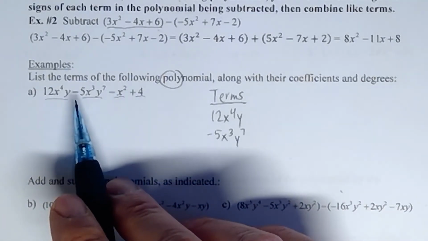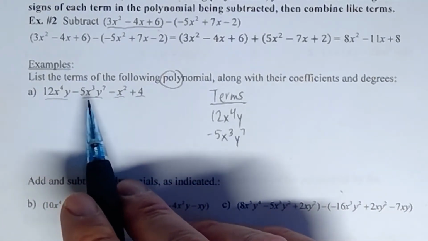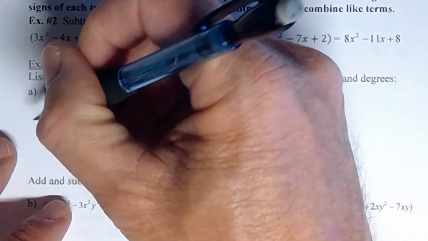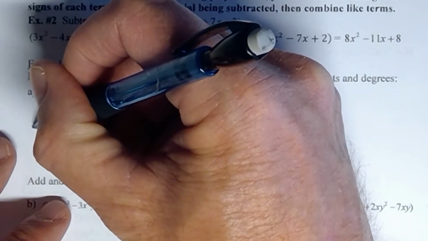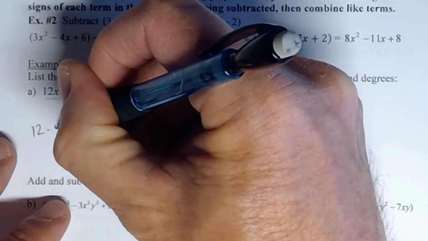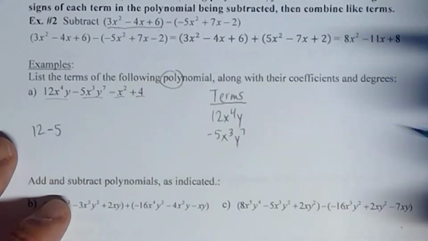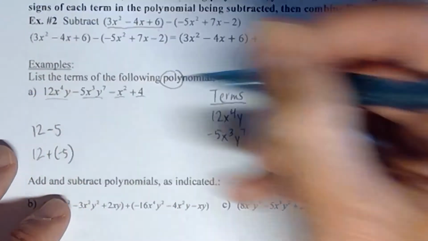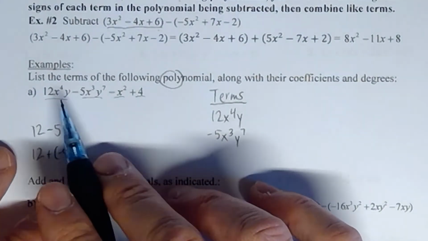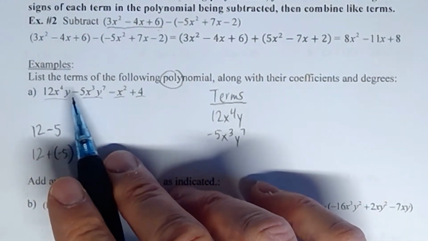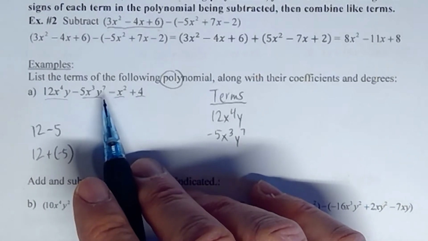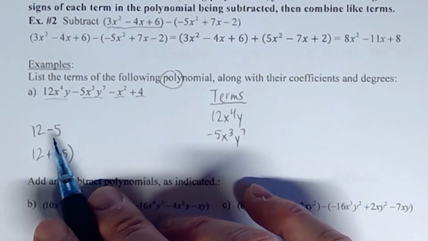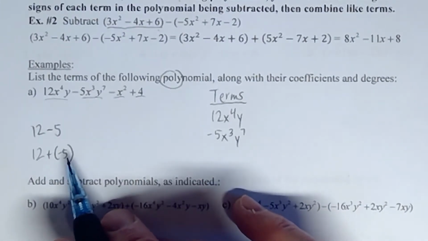And so, as you guys know, when you have minus something, as you've learned in the past, if you had, for example, 12 minus 5, you learned in a pre-algebra class that that's the same thing as 12 plus negative 5. And so it's the same thing here, where if you have 12x to the 4th y minus 5x3y7, that's the same thing as plus negative 5x3y7. Minus 5, same thing as plus negative 5.